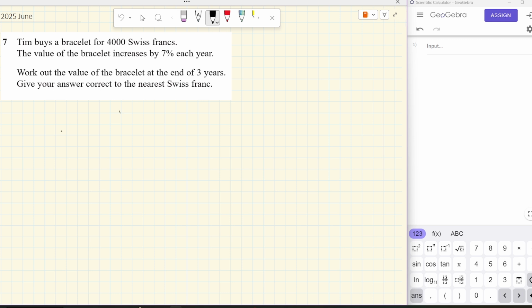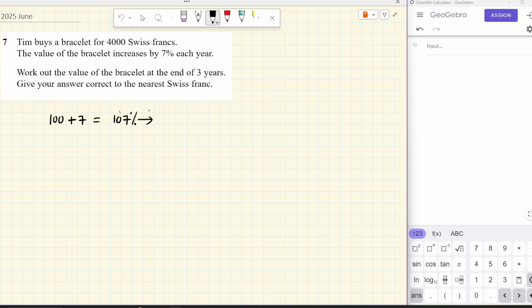When you do the compound interest, we need to find the multiplier. You can find the multiplier by the given percentage. That is 7% increase. 100 plus 7, that is 107. This is a percentage.